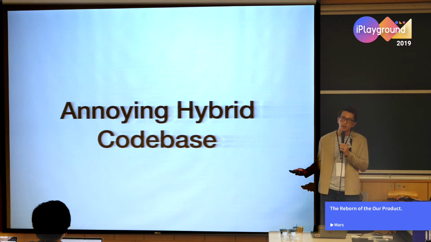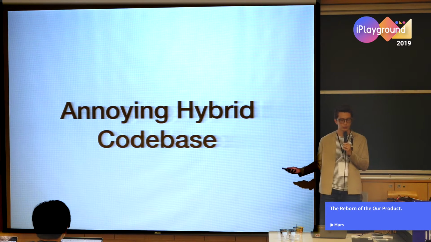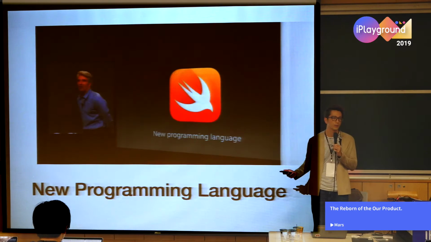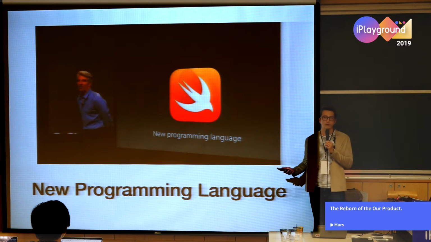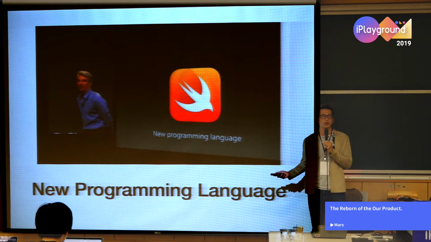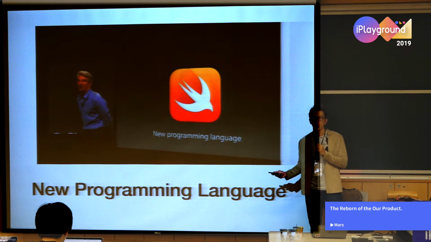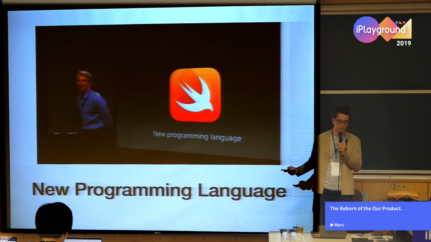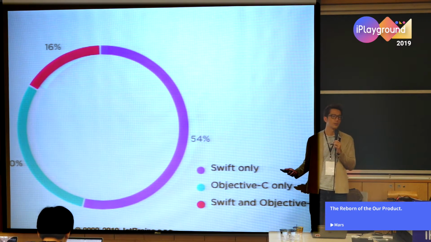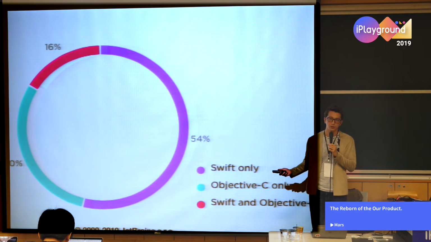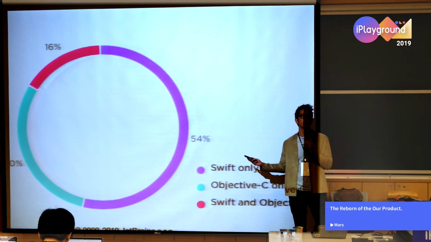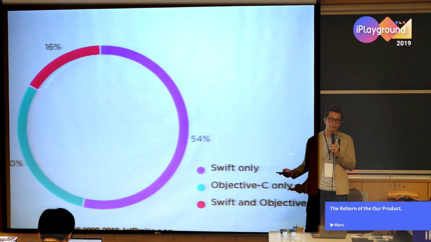Okay, here's a little history about the powerful Swift language. In 2014, Apple introduced Swift as another primary programming language. Since then, more and more developers have chosen Swift as their primary language.